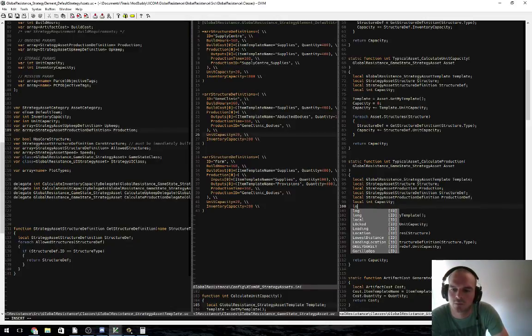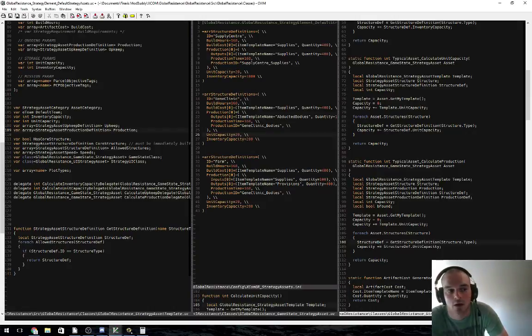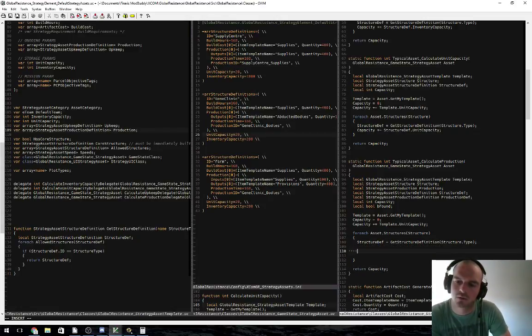And then a local bool of found. So what we're going to do is we're going to iterate over each of the definitions, and if it doesn't have an existing definition in place, it will create one. Otherwise, what it will do is update the existing definition to the correct shape. So we've got the structure def, and then we run over its.